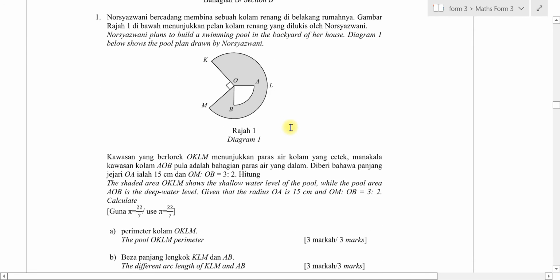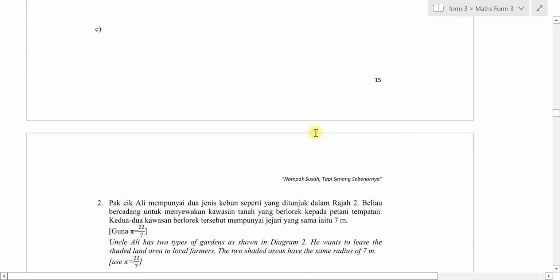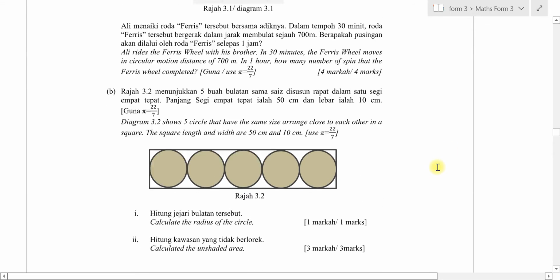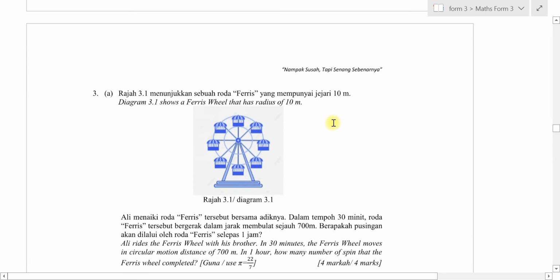Section B will be chain questions. You need to find a lot of things and they will combine with a lot of things. Section C will combine many chapters, or one chapter where they ask many things.